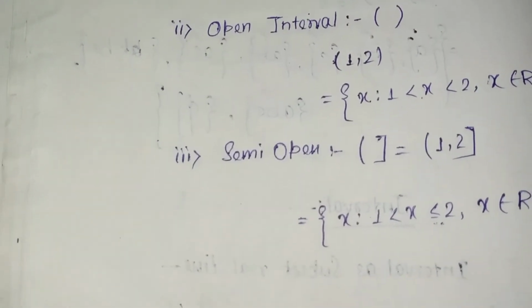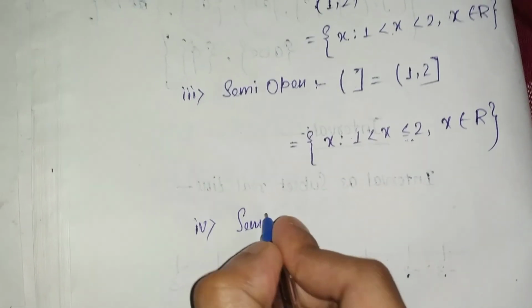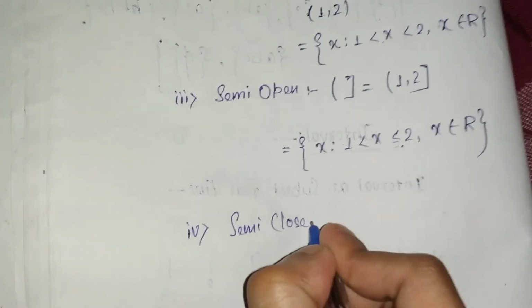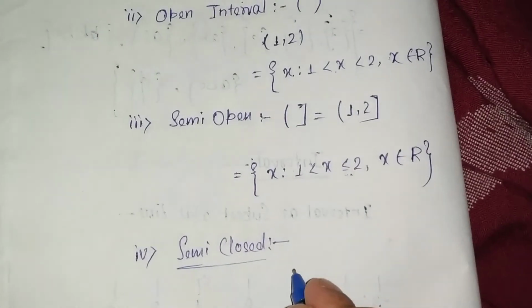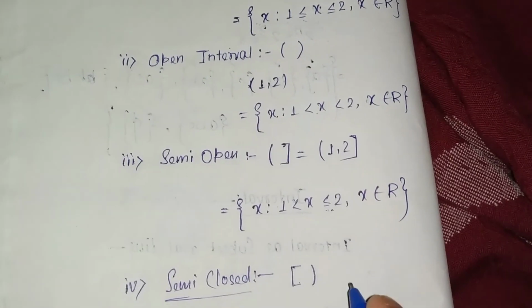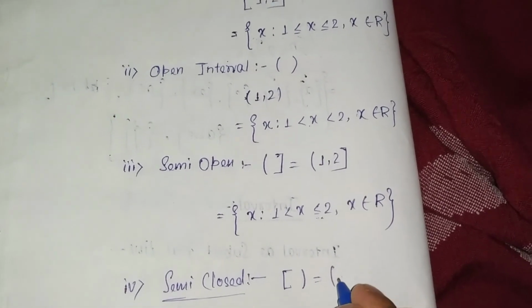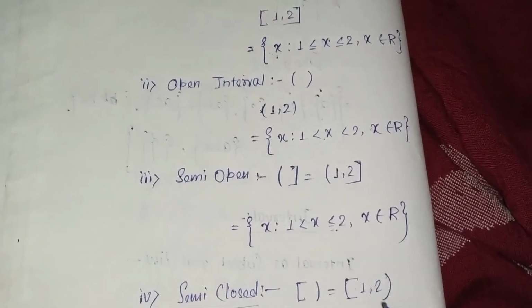And fourth is semi-closed interval. Its notation is this.